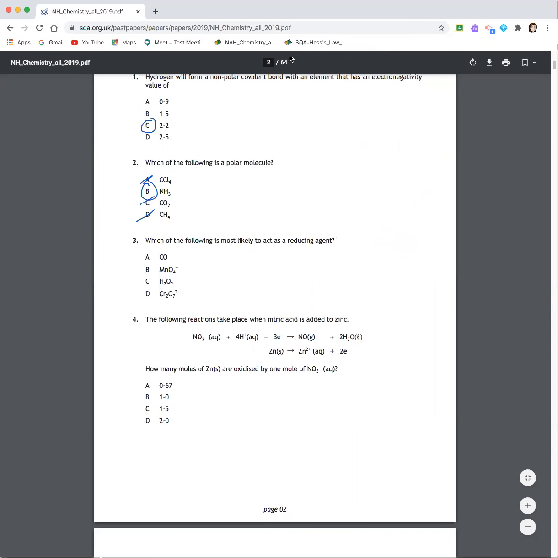Then number 3, which of the following is most likely to act as a reducing agent? So when it comes to reducing agents, you are looking at the top right corner of the electrochemical series in the data booklet. Okay, so all of the reducing agents would be found at the top right.